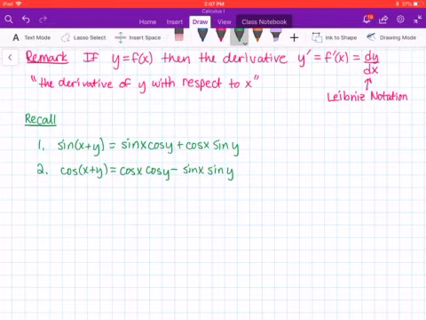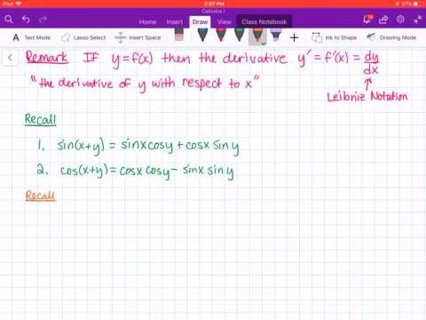All right. Then next, we also want to recall the limit as x goes to 0 of cosine x minus 1 over x equals 0. I believe we did this in class. What would you do? You substitute in 0, you get 0 over 0.